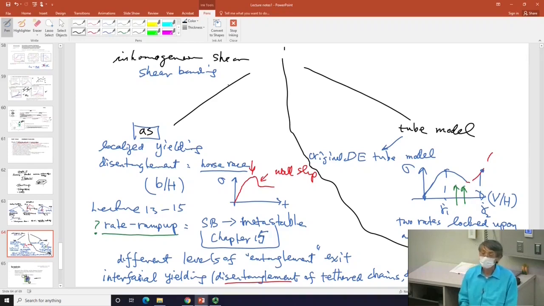It's designed to address bulk problems. Keep in mind, it's designed to address phenomena that supposedly do not involve the concept of yielding, right? So that's the thing. Any questions on this?